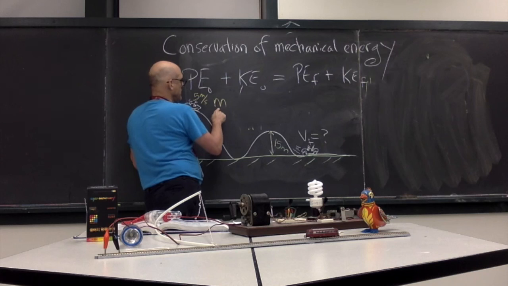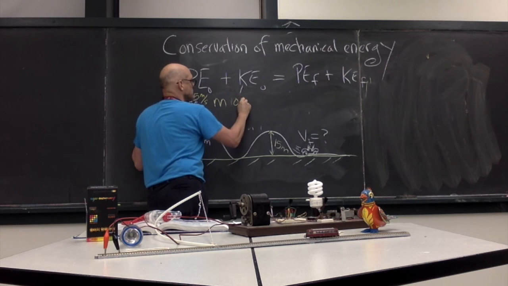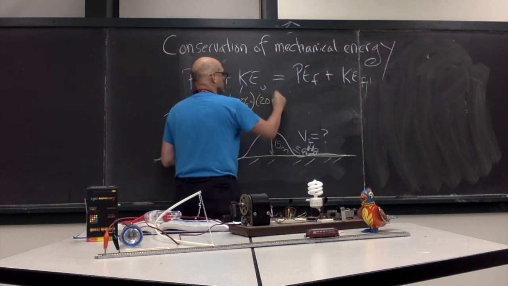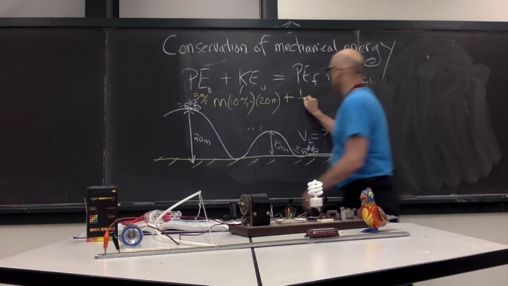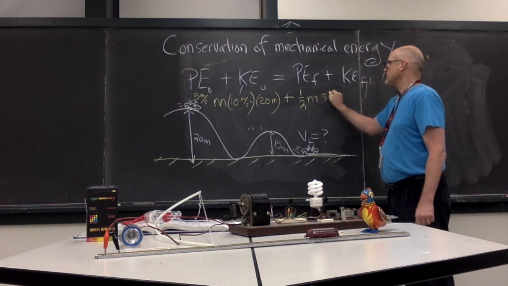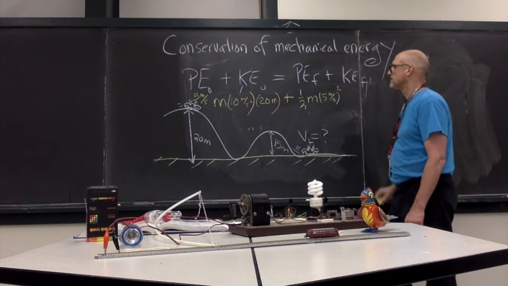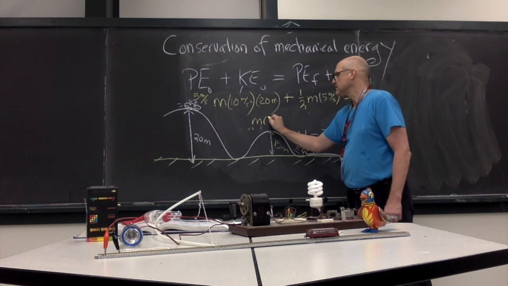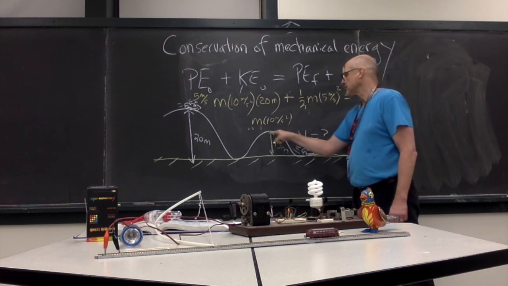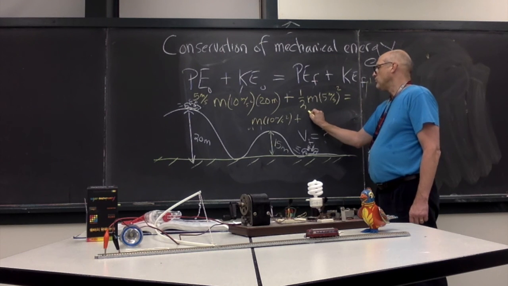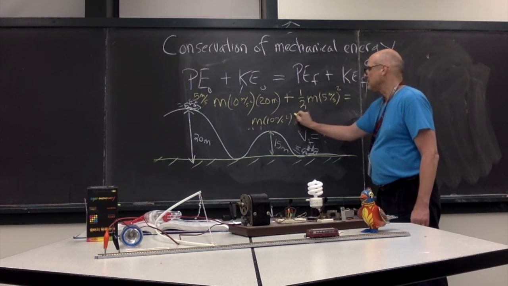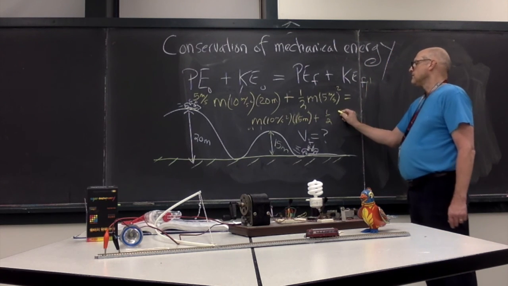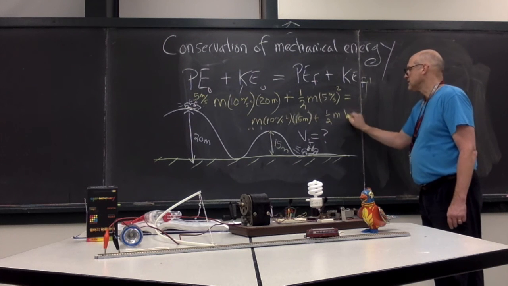So we have potential energy, mg, which is 10 meters per second squared, times the height, 20 meters, plus 1/2 mass times 5 meters per second squared, equals potential energy, m times 10 meters per second squared, times the height, 15 meters, plus 1/2 the mass times VF squared.